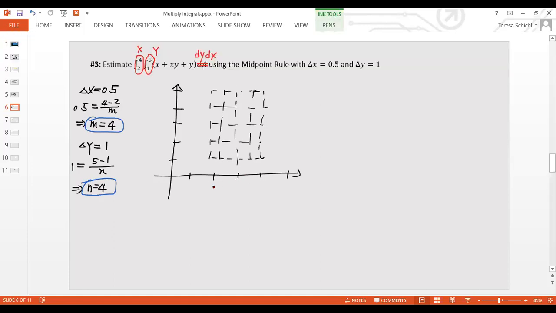Now these ones want the middle points, so all these here are the middle points.